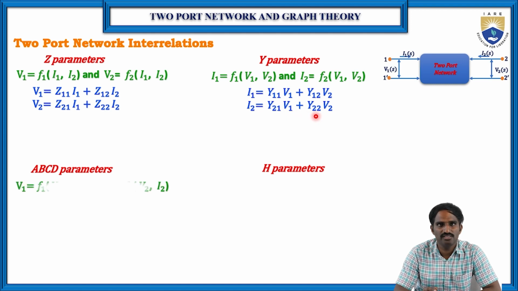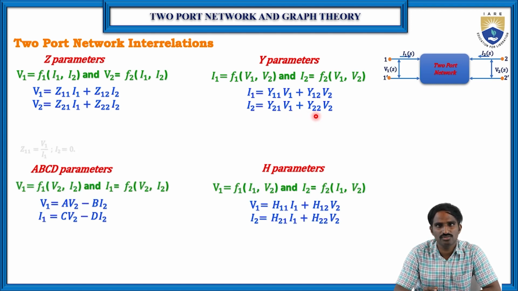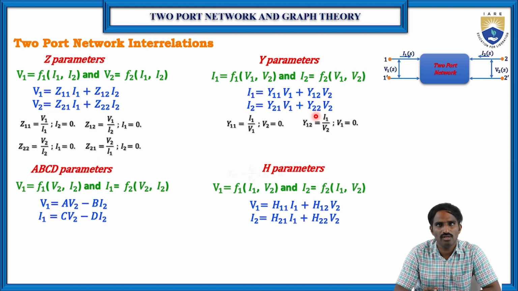The other parameters we can discuss later. By making the open circuit, we can find the Z parameters, and by making the short circuit, we can find the Y parameters. That is why the Z parameters are also called open circuit parameters, and the Y parameters are also called short circuit parameters.